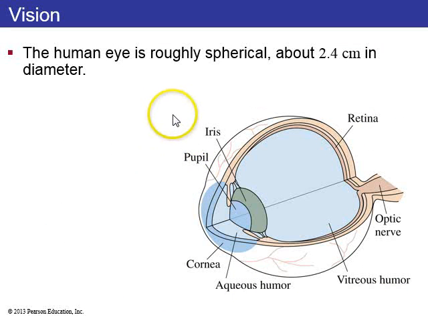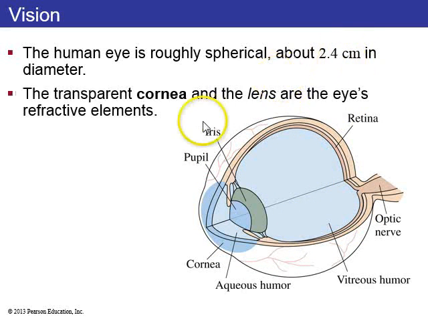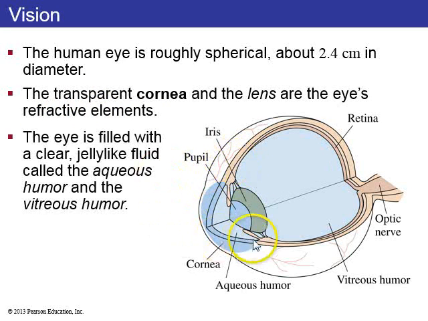Okay, so next I want to talk about vision, and in particular concentrate on the human eye. So the human eye, the eyeball, is roughly spherical. It's about 2.4 centimeters in diameter, and it contains a cornea and a lens. The lens isn't really labeled here, but it's just behind the pupil. And these are the main refractive elements that tend to focus light.